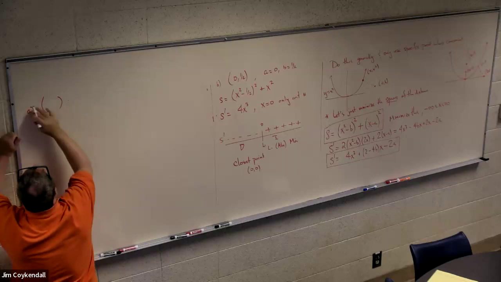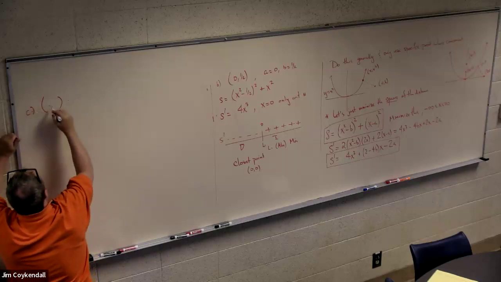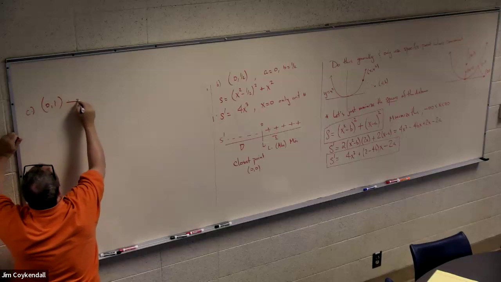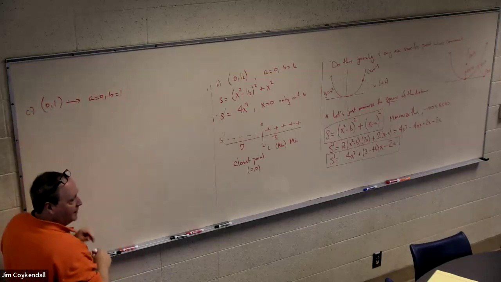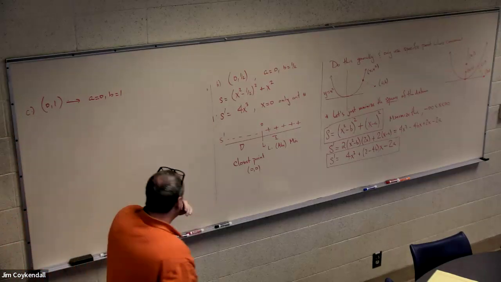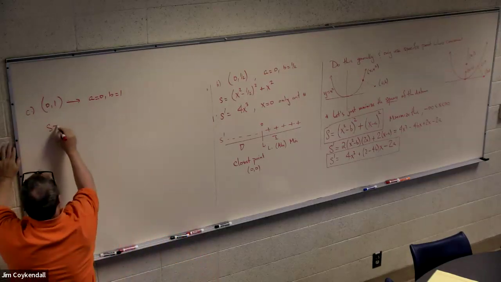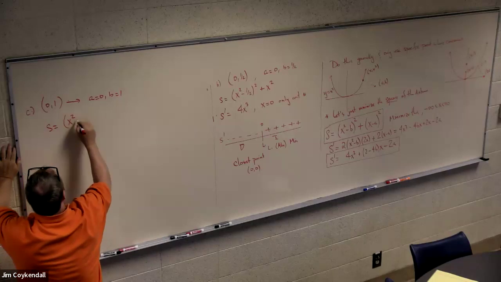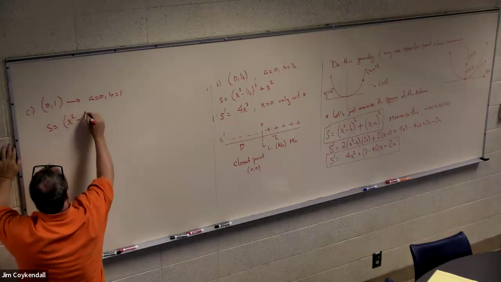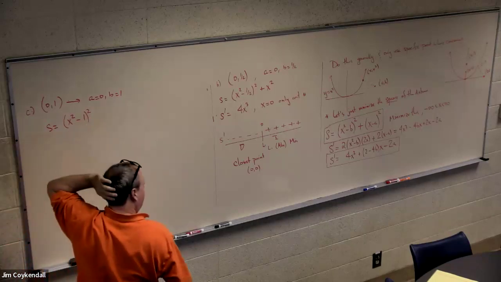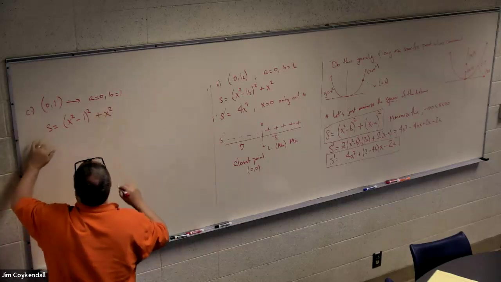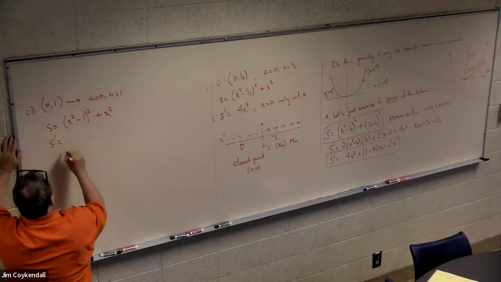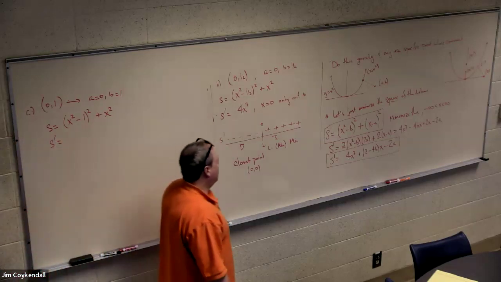We have the point 0, 1. Now A is 0, B is 1. Let's do this again. S is equal to X squared minus 1 squared, and then X squared. And the derivative, B is 1 and A is 0.